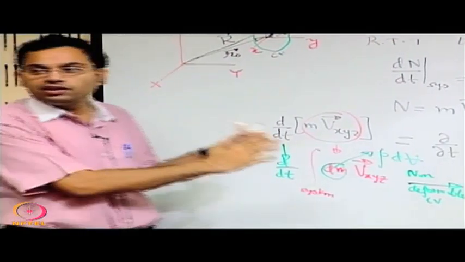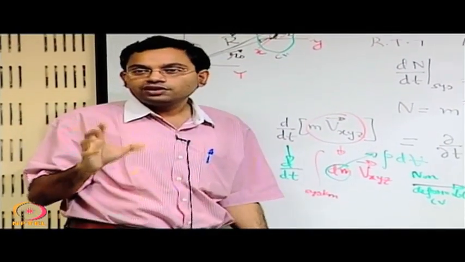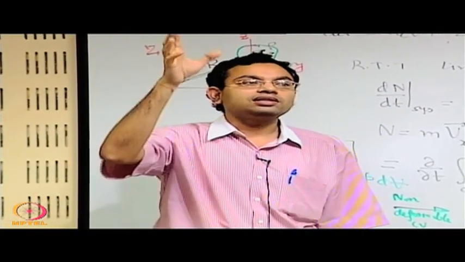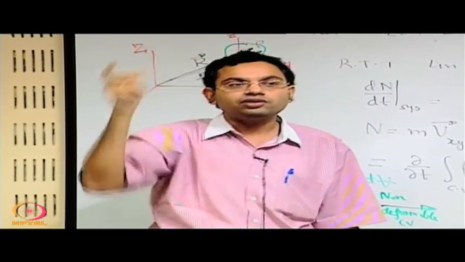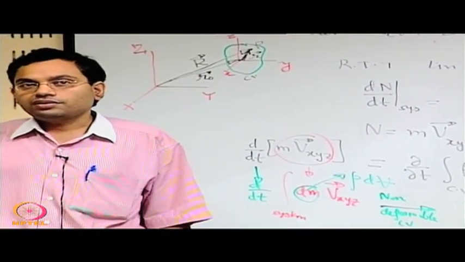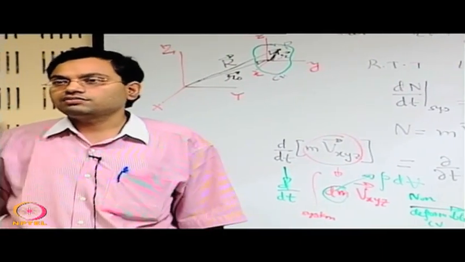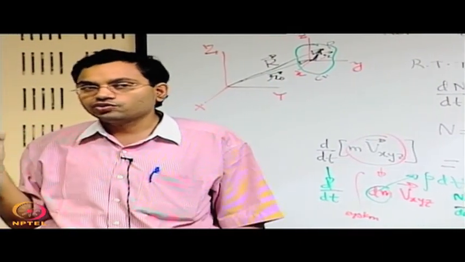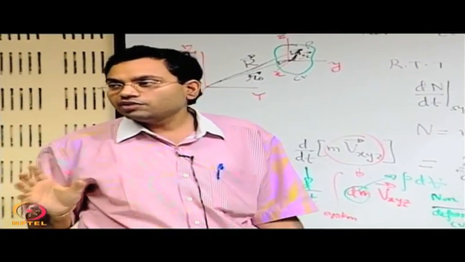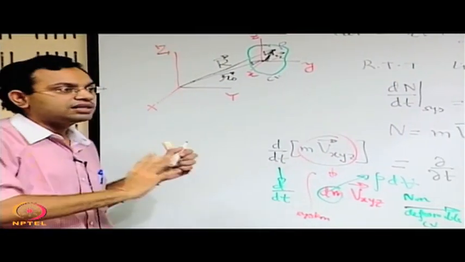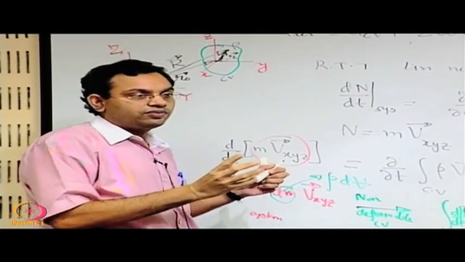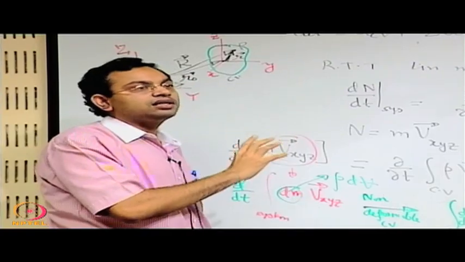So, you require everything: a deformable control volume, arbitrarily accelerating, because when the water is coming out, the balloon might be having arbitrary rotation and arbitrary linear motion. At an elementary level one can do this problem experimentally, but theoretically I would say it is one of the very tough problems in mechanics, which will require the combination of the understanding of fluid mechanics and solid mechanics, deformable control volume, arbitrarily accelerating control volume.